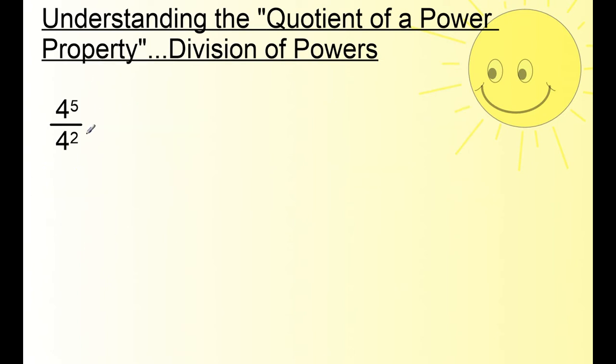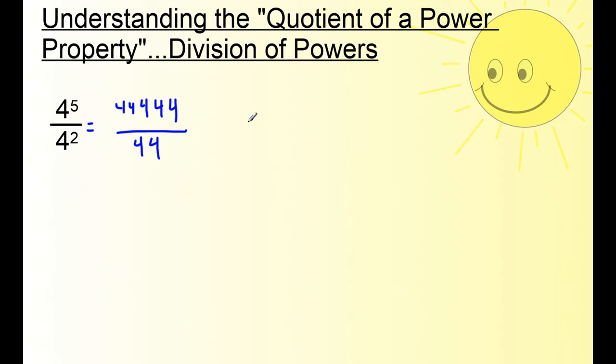Here's how I do the math in my head. I look at these and I go, okay, if I've got 5 4s on the top, 1, 2, 3, 4, 5, and I've got 2 4s on the bottom. Now, I'm going to start canceling.